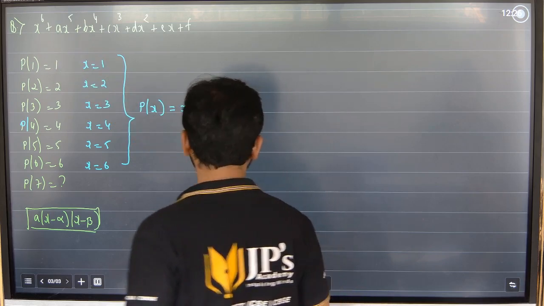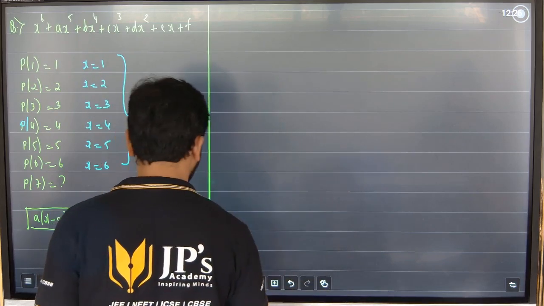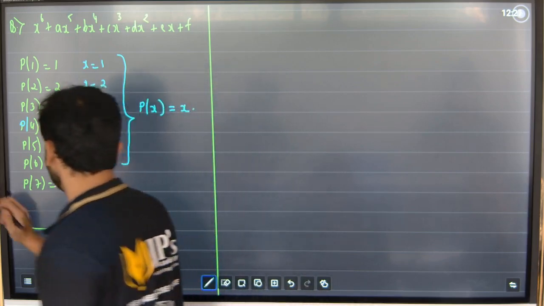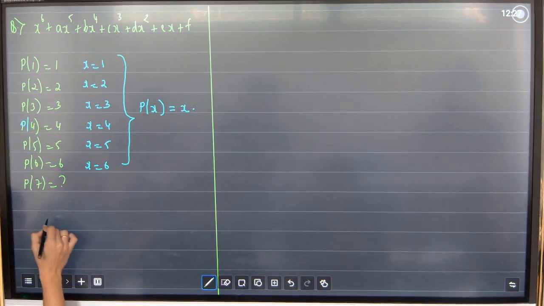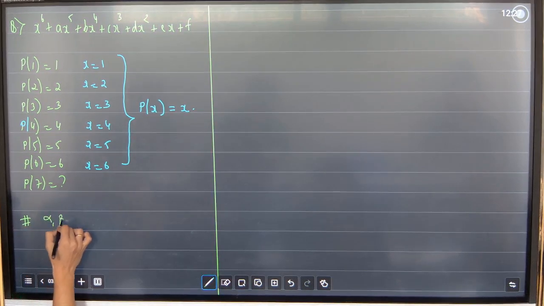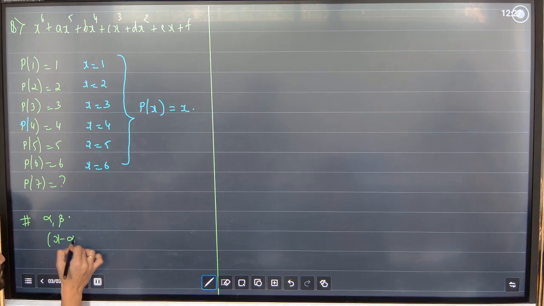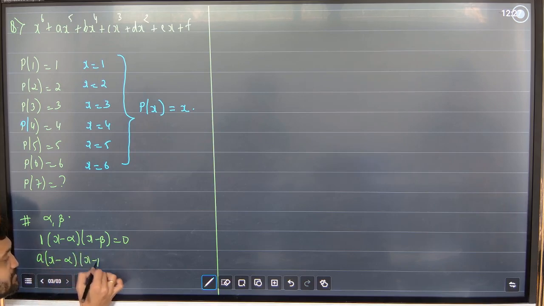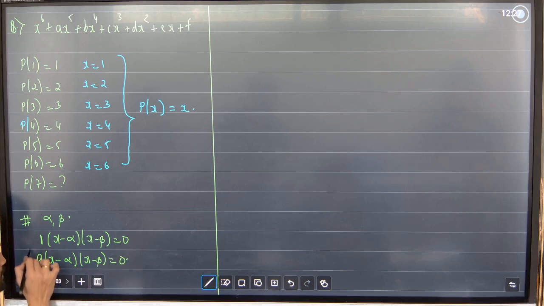Now since there are 6 roots given, remember this, where we always write a quadratic equation in this form. Whenever a quadratic equation is given to you, say for example, if they tell me that alpha and beta are the roots, we always write x minus alpha, x minus beta is equal to 0, where we always take this as 1. And we always write it like this, a into x minus alpha, x minus beta is equal to 0. This is how you represent a quadratic equation.